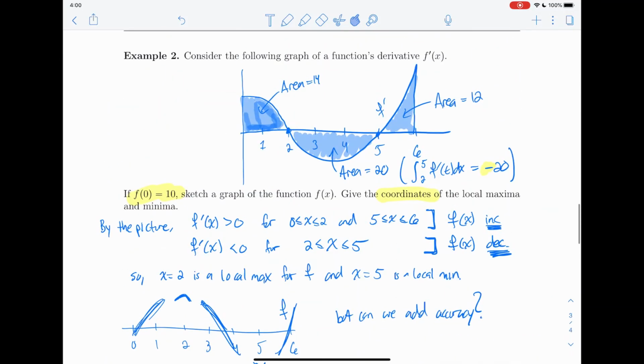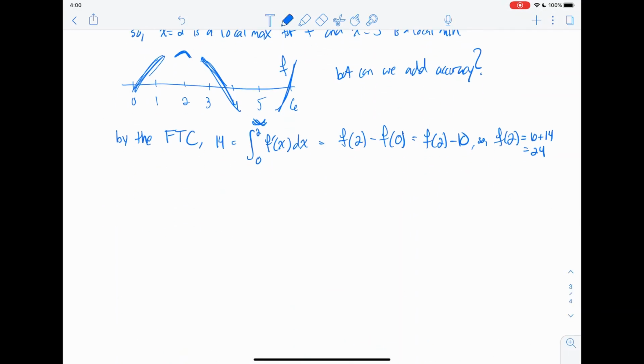We can do that again for each of these regions. Recalling that the second region here is going to have an integral signed area of negative 20, we can again use the fundamental theorem of calculus.